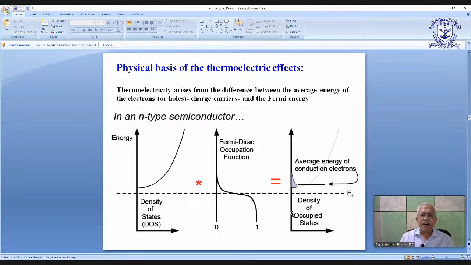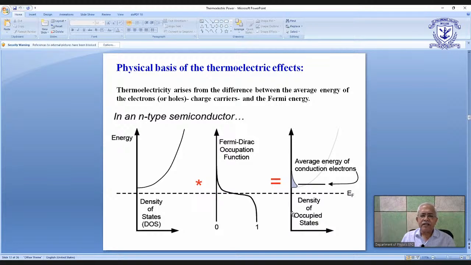And the middle graph shows the probability of occupancy of the different energy states, which is the Fermi-Dirac distribution function. For semiconductors, the distribution function for carriers for different energy levels is described by the Fermi-Dirac distribution function.